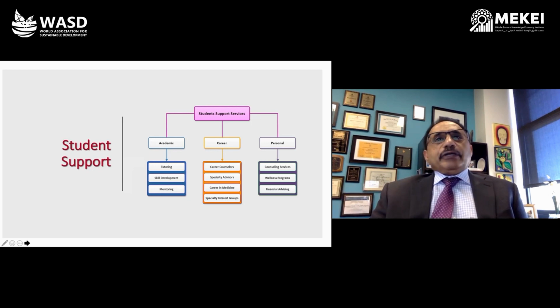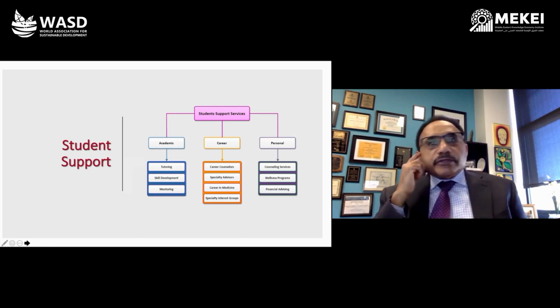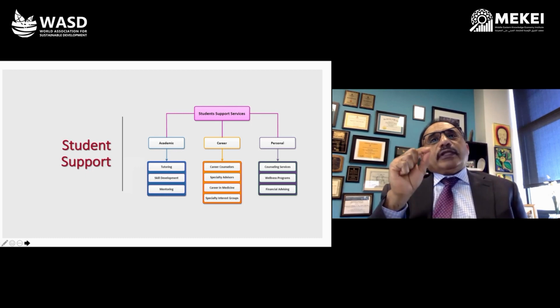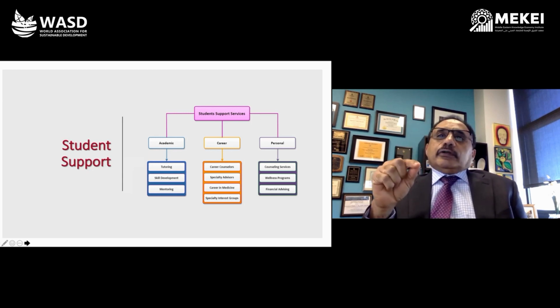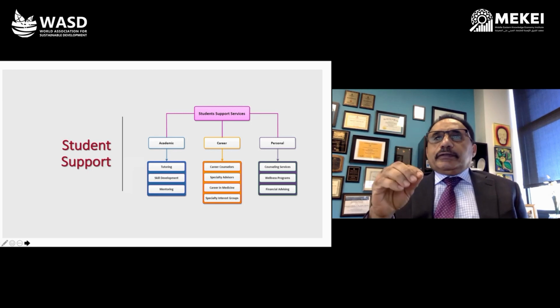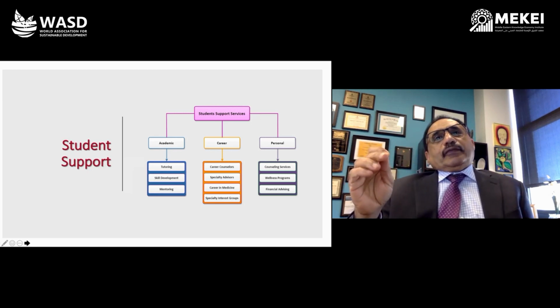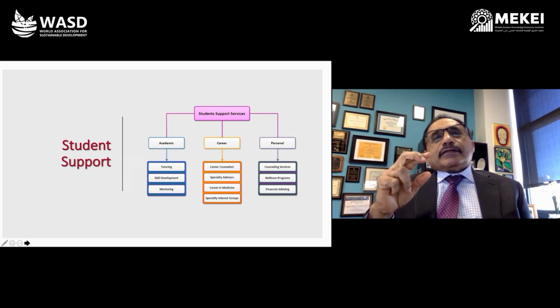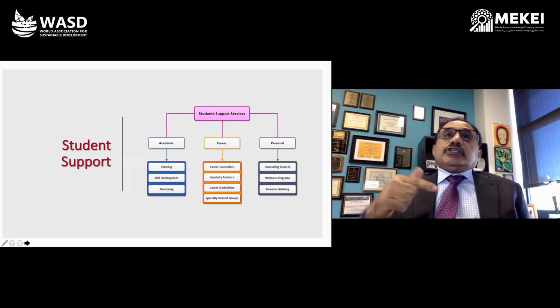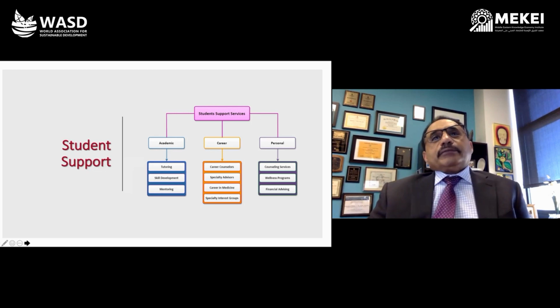And if I can share with you one of the things that we did in the academic support, because sometimes with the academic support, we focus on how the student remembers the information. But the skills, which is very important, sometimes we ignore.